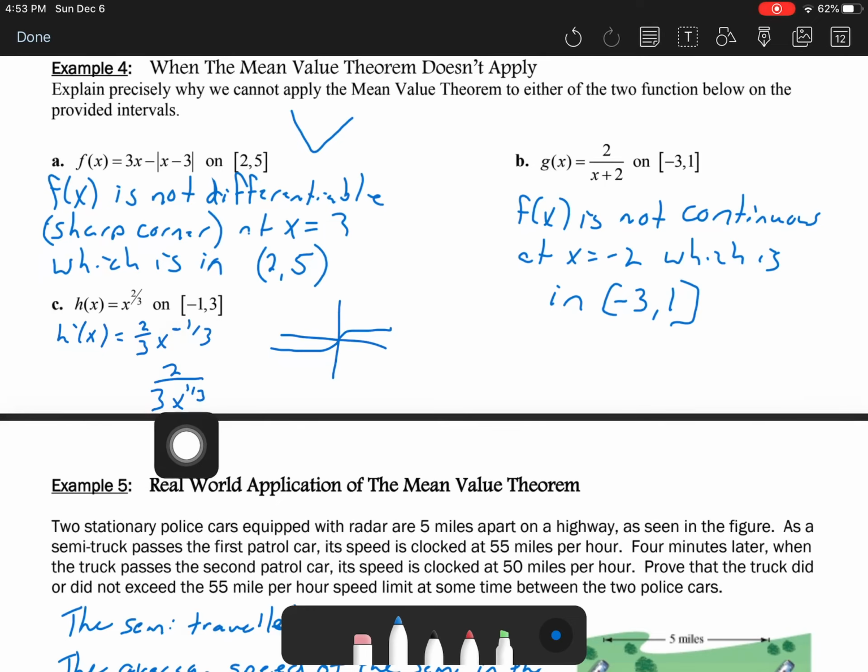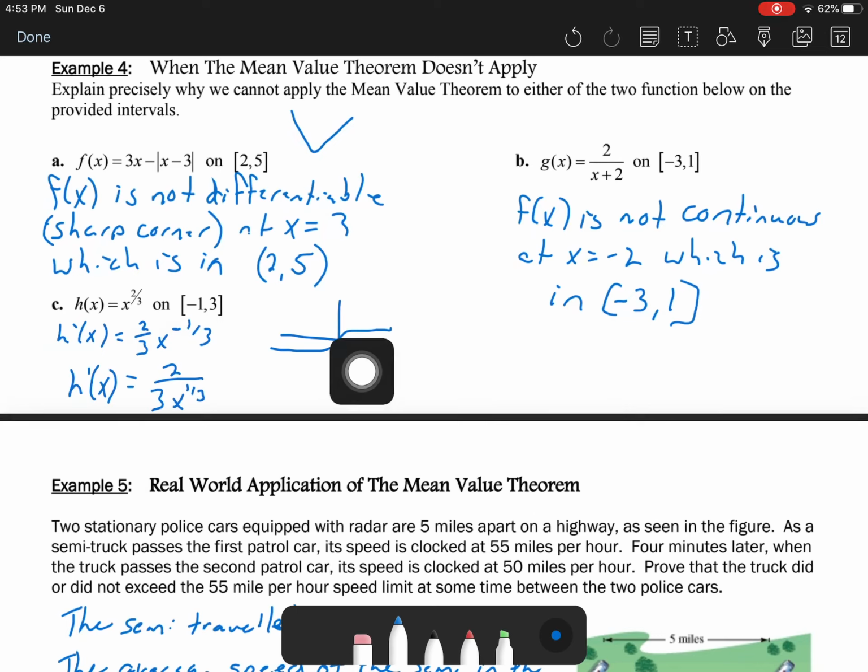Well, that opens the opportunity for a vertical asymptote. So when x is 0, there's a vertical asymptote there. So there's a discontinuity at 0. 0 does fall in this interval. Okay, so we would say here h of x is not differentiable at x equals 0. What I mean here is because this is the derivative, there's a place where the derivative is undefined, so it's not differentiable at x equals 0 because the derivative is undefined there.